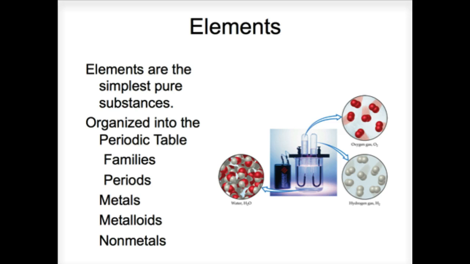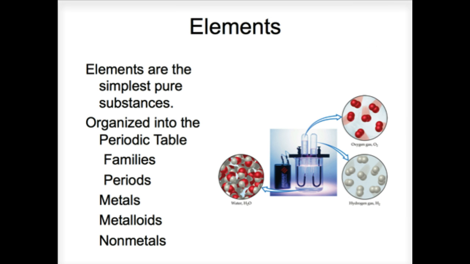Elements, again, remember from previous science classes, we see them on the periodic table. They have defined properties, they have defined characteristics. We organize them in families or columns and periods, and ultimately we have 3 types of elements: metals, metalloids, and nonmetals.